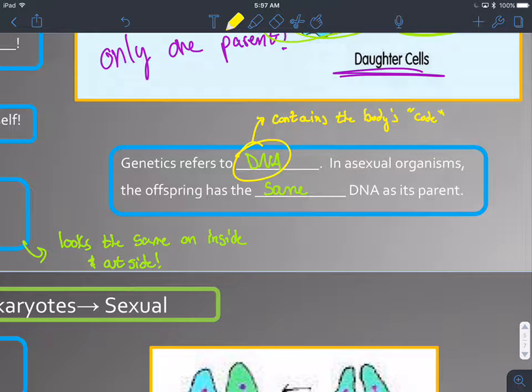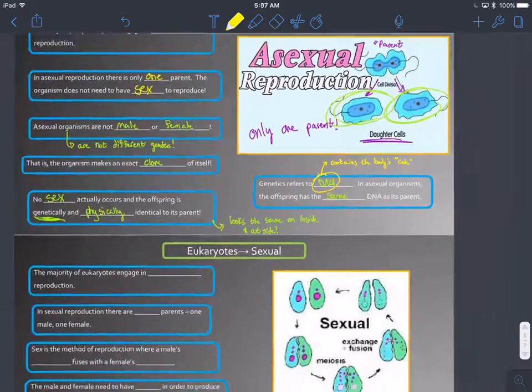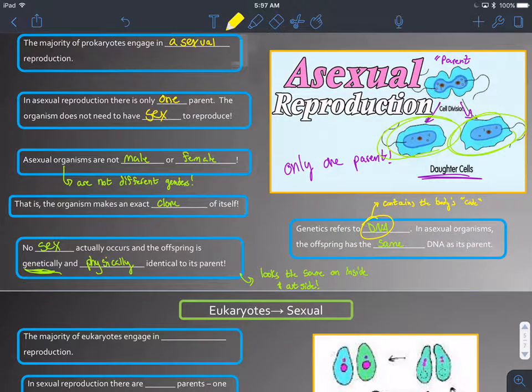Every protein the body makes, anything that has to do with growth or hormones, it all is produced from DNA. So if it has the same DNA, it's going to look the same, it's going to act very similar, it's going to have the same body processes. So it all starts there. In asexual reproduction, again, this is really important, it's genetically and physically identical.